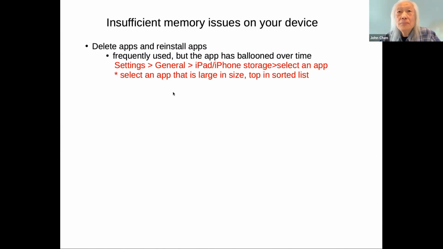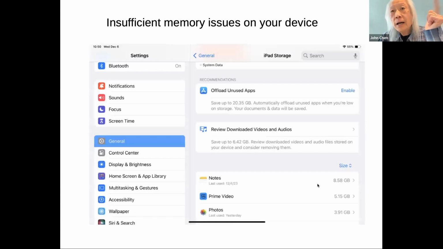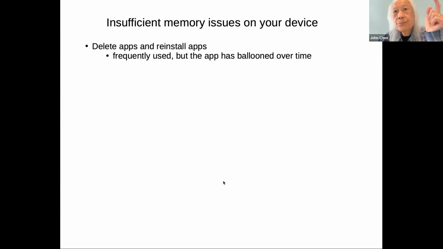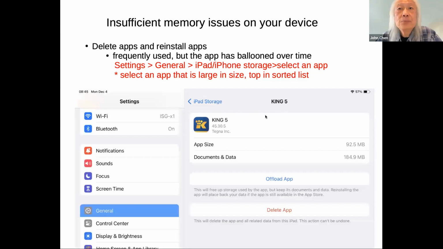You pick an app, like on the prior page. For example, I can just tap on this and I'll be looking at information about Notes. In this case, I'm going to pick King 5.